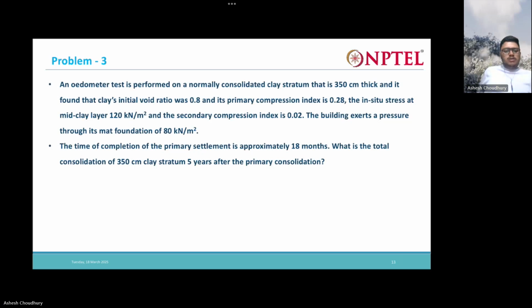After 5 years of the primary consolidation, we have to find out what will be the consolidation. Okay, let us see. Try to think about the problem for a bit. Try to understand what is asked in the question.